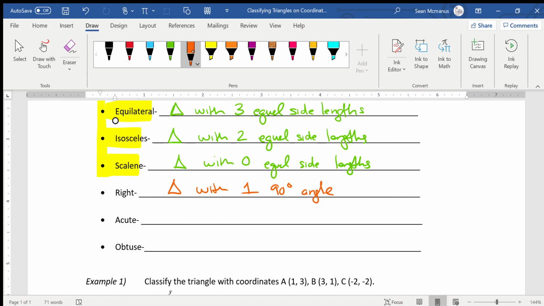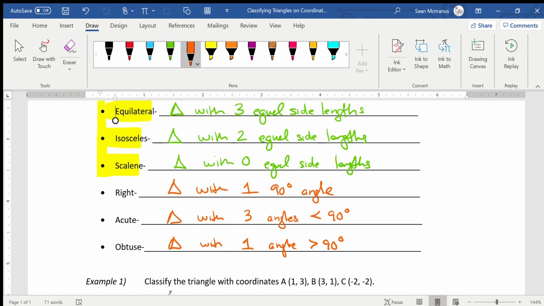For an acute triangle, we know an acute angle is less than 90, so an acute triangle would be a triangle with all 3 angles measuring less than 90 degrees. And an obtuse triangle would be a triangle with one angle greater than 90 degrees.